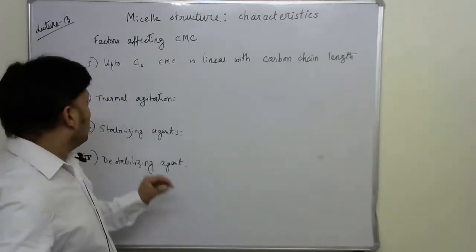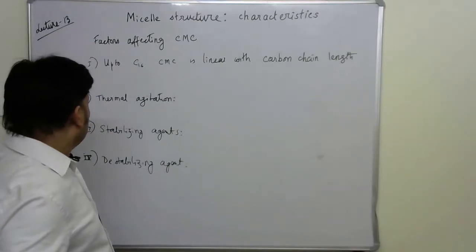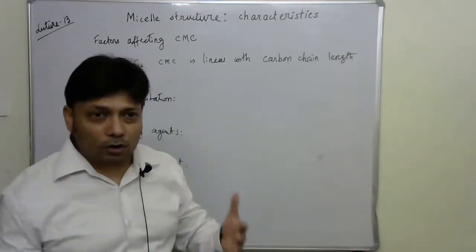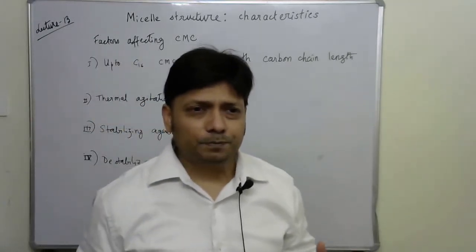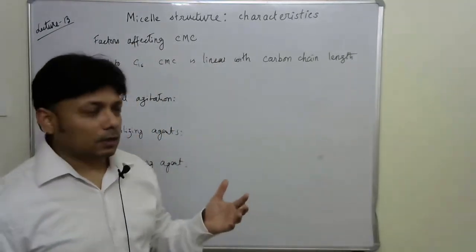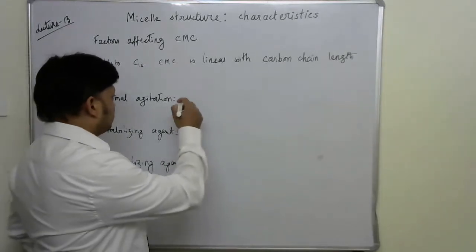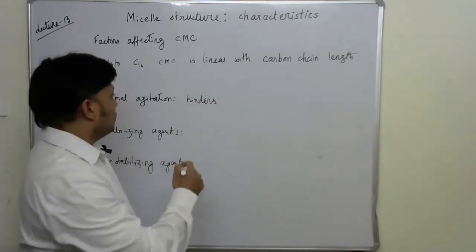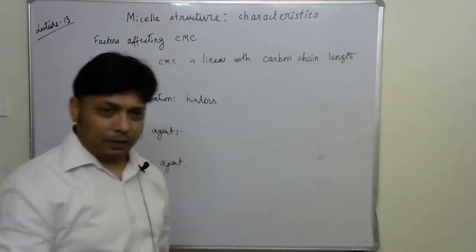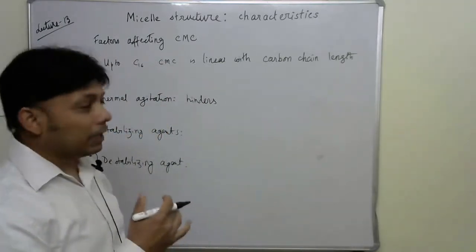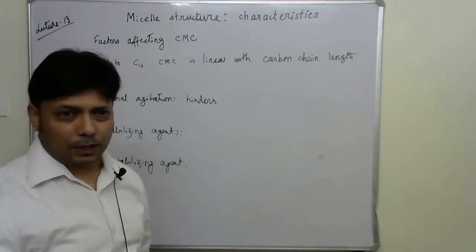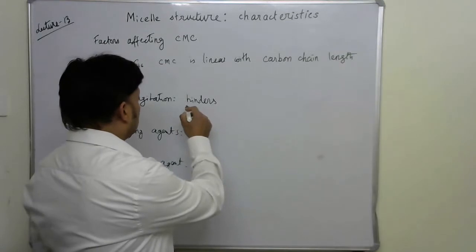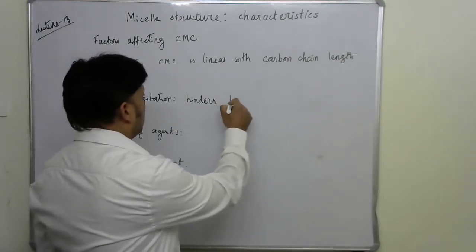All right. So next thing is the thermal agitation. Would thermal agitation be good for making of micelle? Obviously no, because if you keep on disturbing the medium with strong heating as well as mechanical stirring, it hinders the formation of micelle.